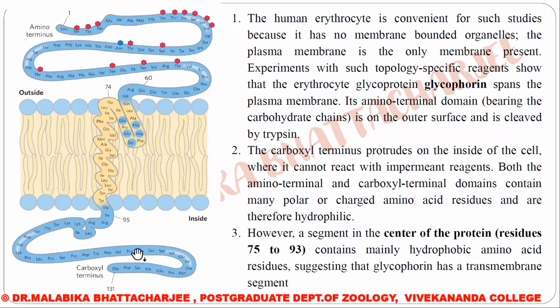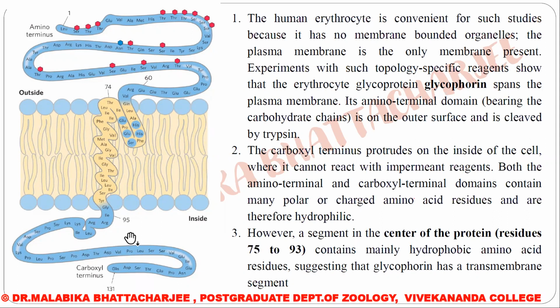This is the structure of the protein known as glycophorin. It contains an amino terminal. Remember, a protein is nothing but a polypeptide. So this polypeptide has an amino terminal which contains carbohydrate chains. You can see carbohydrate molecules on the outer surface. And it has a carboxy terminal which protrudes inward into the cytoplasm.